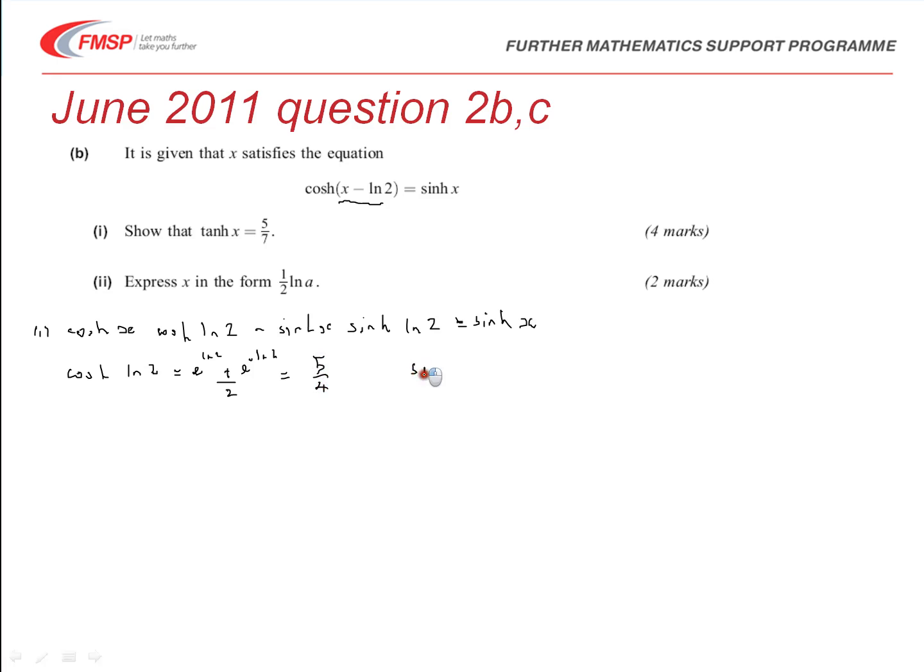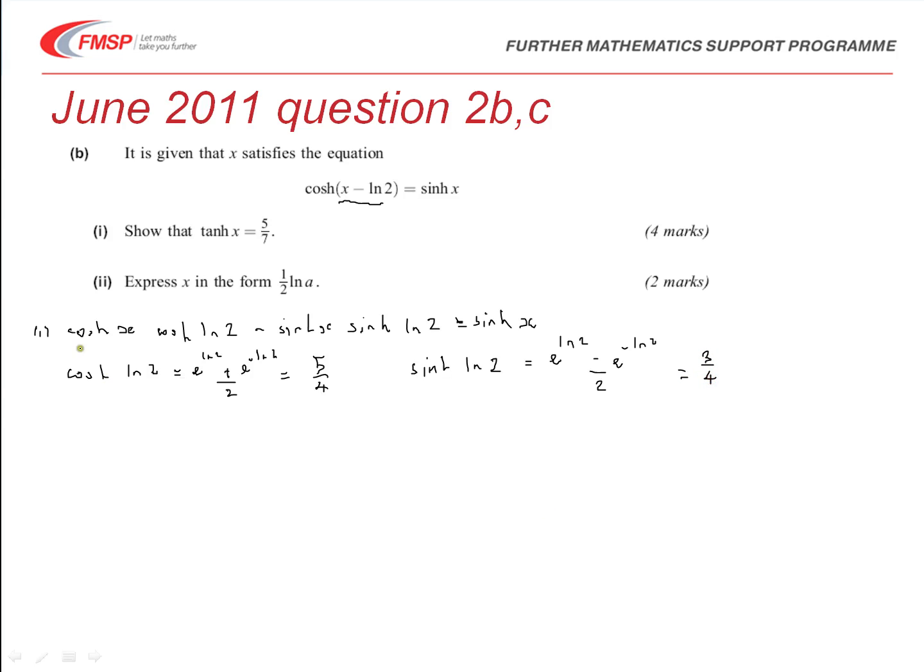Similarly, for the sinh of ln2, that will become the same thing, except that we've got to subtract and divide. So it's going to become 2 minus a half, so that'll give you 3 over 2 divided by 2, so that makes that value 3 over 4.